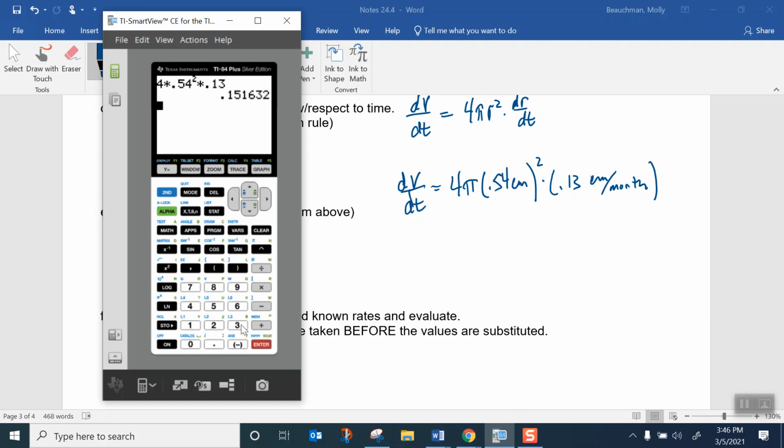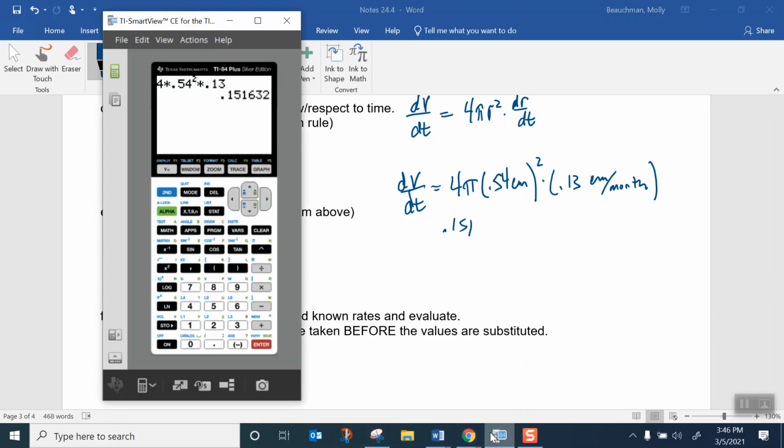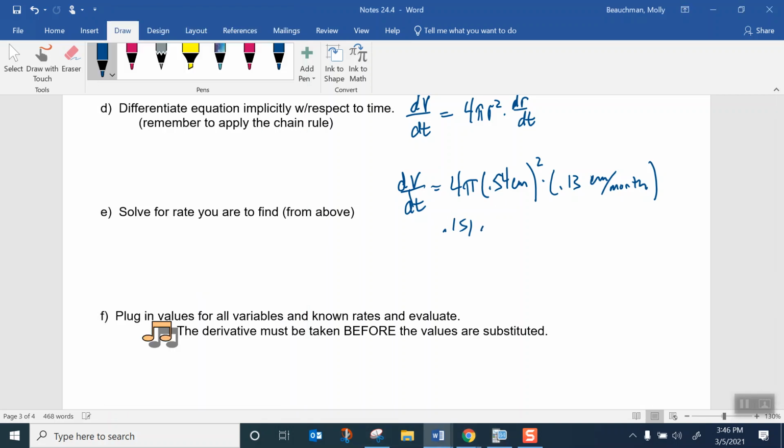And we end up with 0.151632 pi centimeters squared times centimeters is cubic centimeters per month. Probably makes sense to multiply that out.